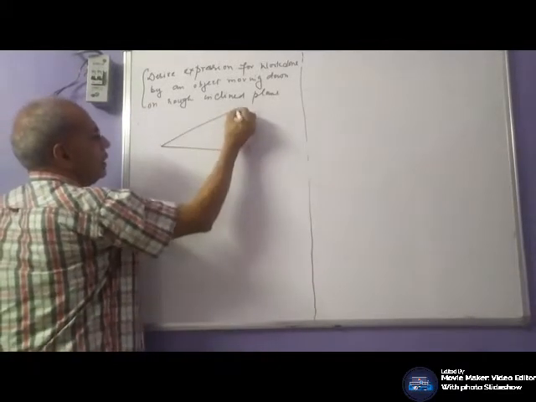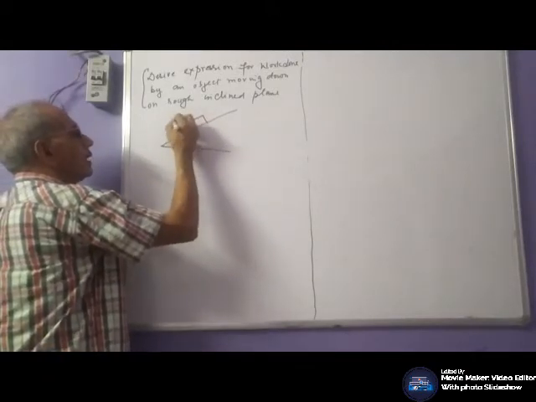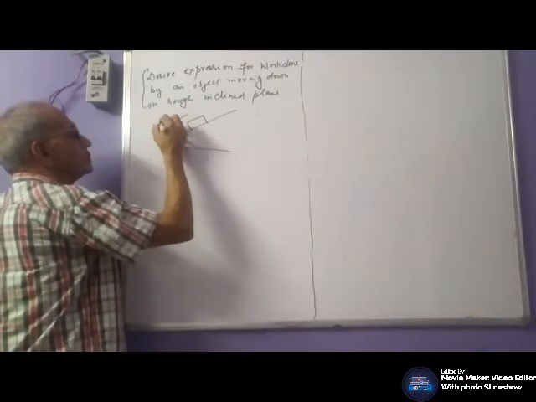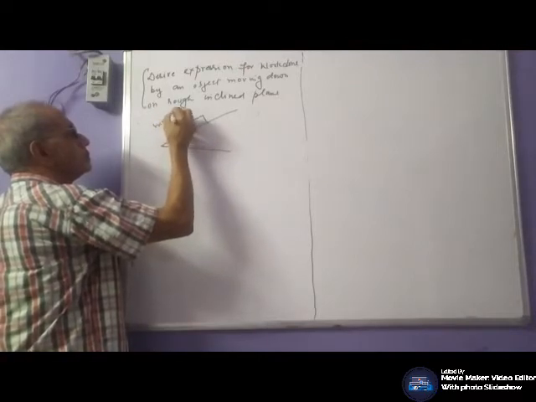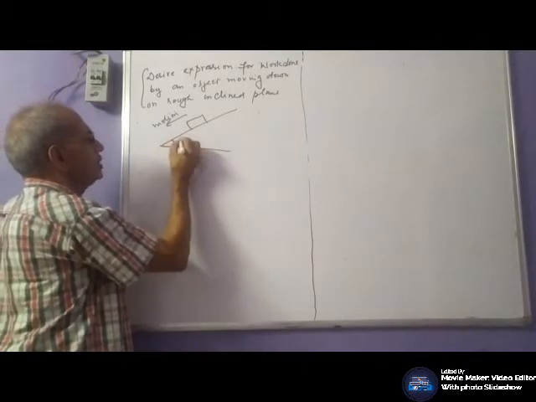This is rough inclined plane. This is object and this is motion. This is theta.